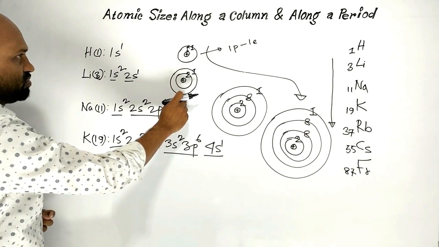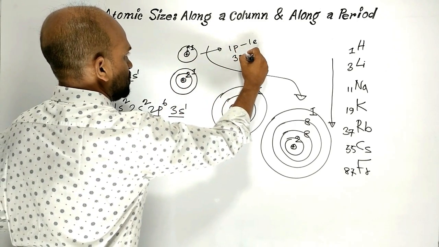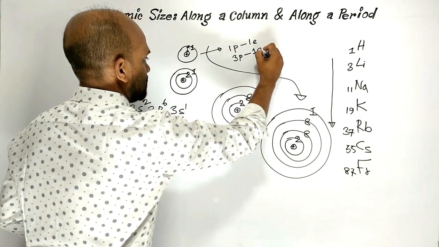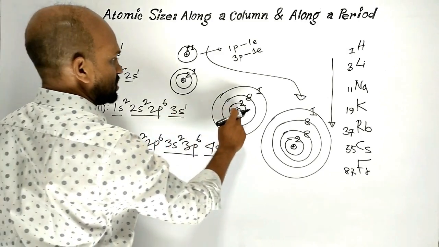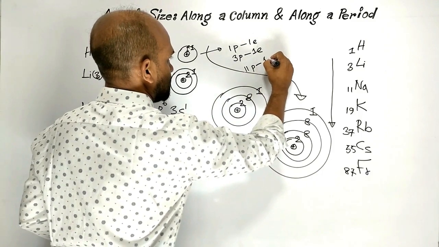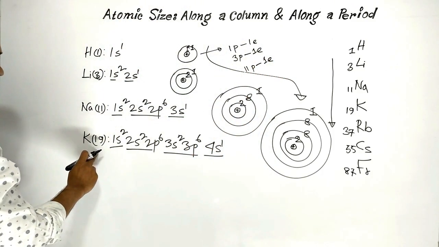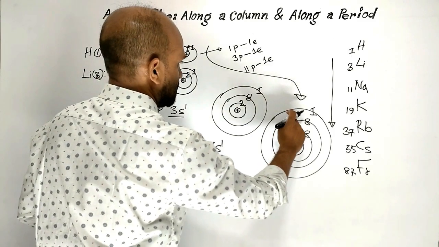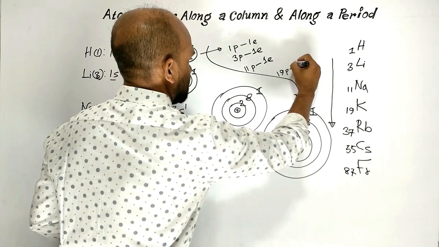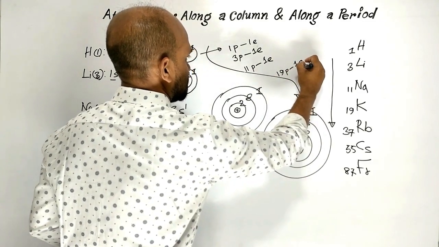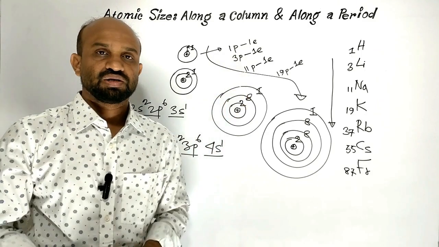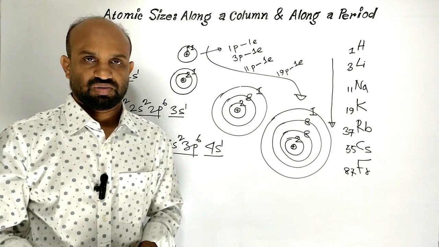In case of lithium, 3 protons and outermost shell 1 electron. In case of sodium, 11 protons, outermost shell 1 electron. In case of potassium, 19 protons and outermost shell 1 electron. This is the attraction between nucleus and outermost shell electron.